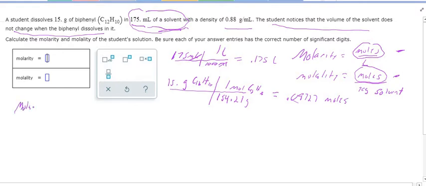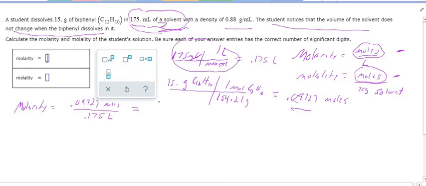Molarity equals moles per liter equals, I'm going to grab this number right here, 0.09727 moles in 0.175 liters, which I calculated right here from the problem.